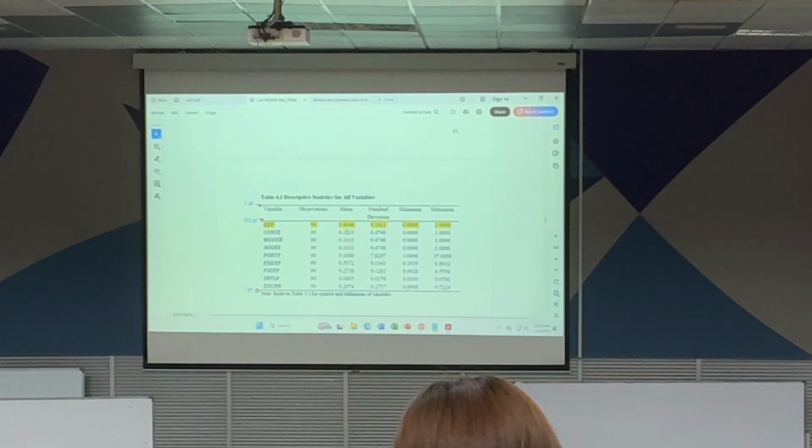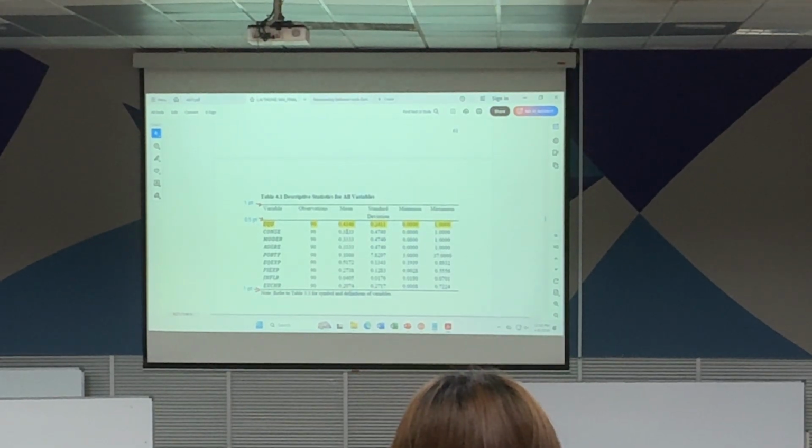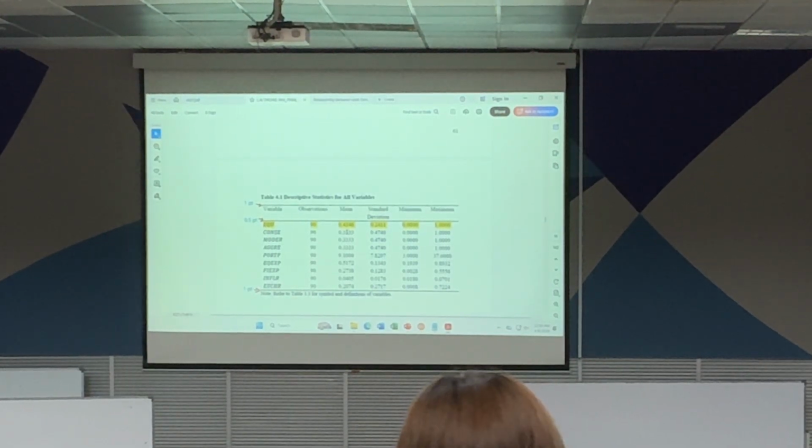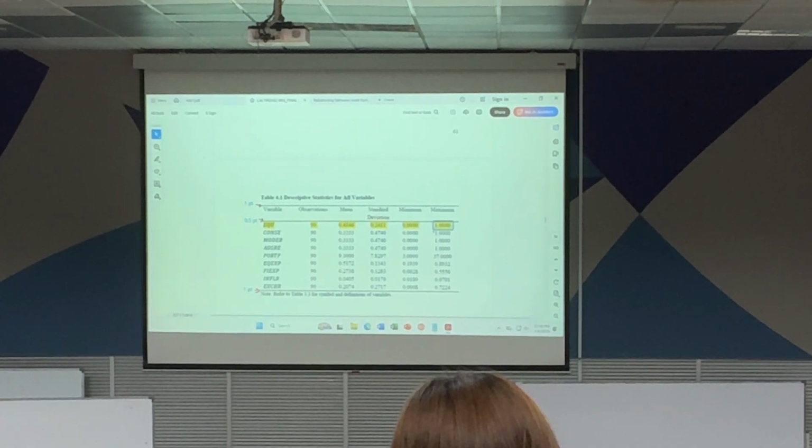Meaning, on average, the sample firms have a return on asset or profitability of 20%. Even though the minimum, maximum may be from negative to positive. So on average, 20%. But you don't know good or bad, isn't it?